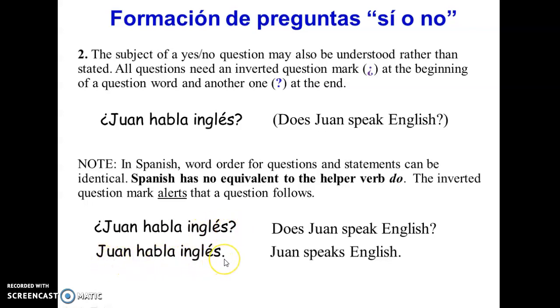Juan habla inglés. This is a statement. In this case, to make our question in English, we have to say does. Does Juan speak English? Normally, that's how we form this question. But in Spanish, we can just get rid of the question marks and then it becomes a statement. Juan speaks English.